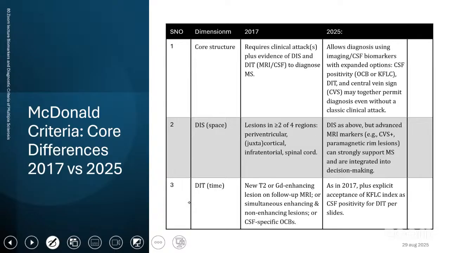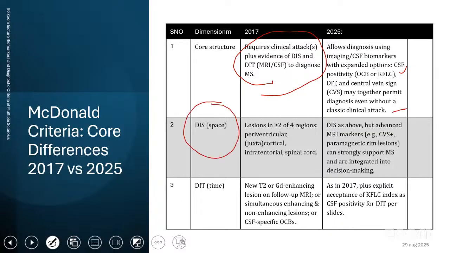The core structure in 2017 requires clinical attacks and evidence of dissemination in space and time to diagnose MS. Here, it allows diagnosis using imaging and CSF biomarkers with expanded options. OCBs, KFLC, DIT, and CVS together permit diagnosis even without a classical clinical attack.